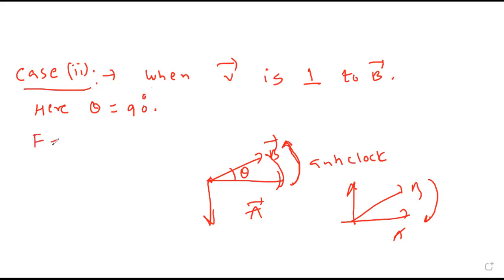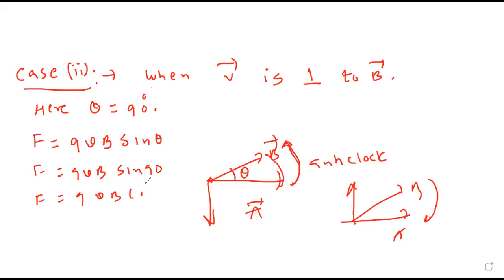So the force experienced QVB sin theta will become QVB sin 90. Sin 90 we know is 1, which is the maximum value of sine. So the maximum force acting will be QVB and its direction is perpendicular to the plane containing the two vectors. First write the magnitude till this, then we'll see the direction.